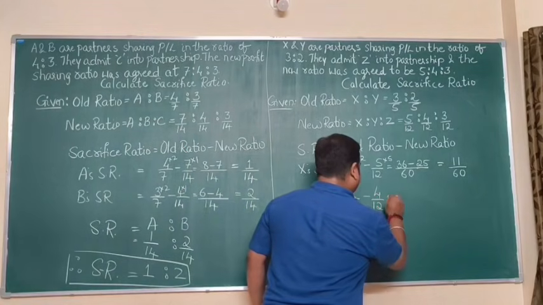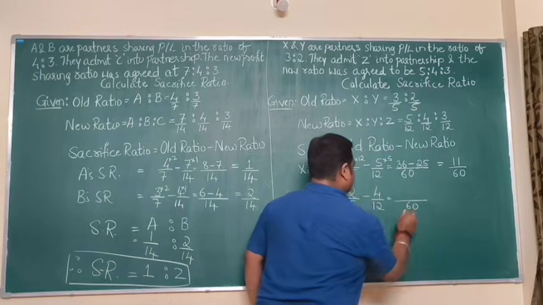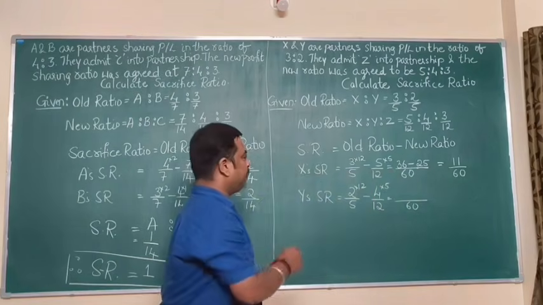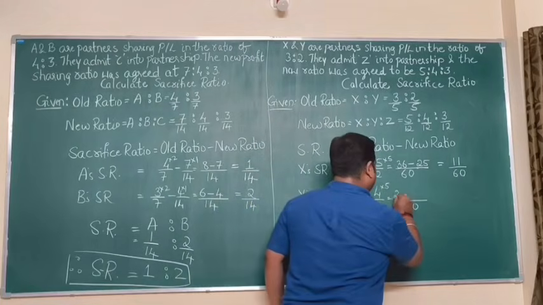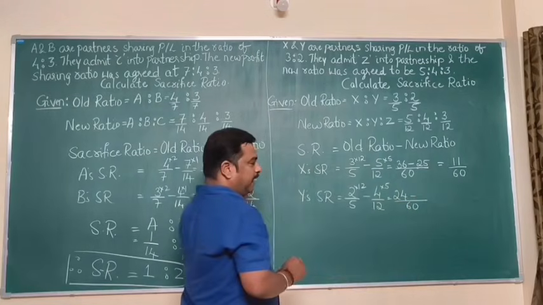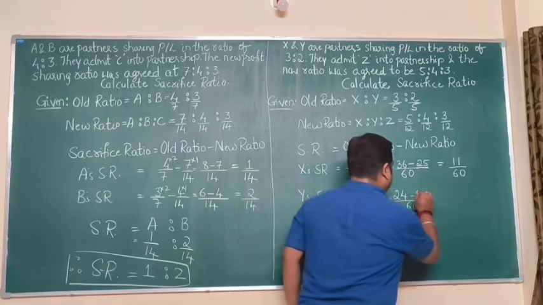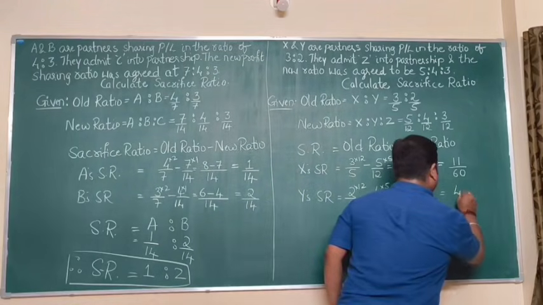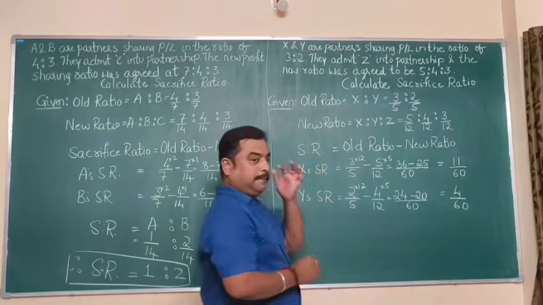Similarly, Y's sacrifice ratio is equal to old ratio 2 by 5 minus, what is the new ratio? It is 4 by 12. So common LCM 60. 5 12s are 60, 12 5s are 60. 2 12s are 24 minus 4 5s are 20. So 24 minus 20, it is 4 by 60.